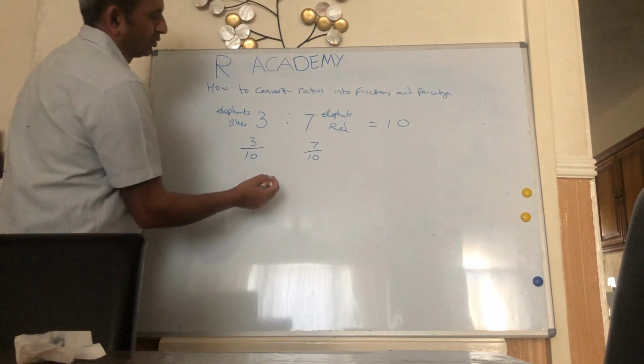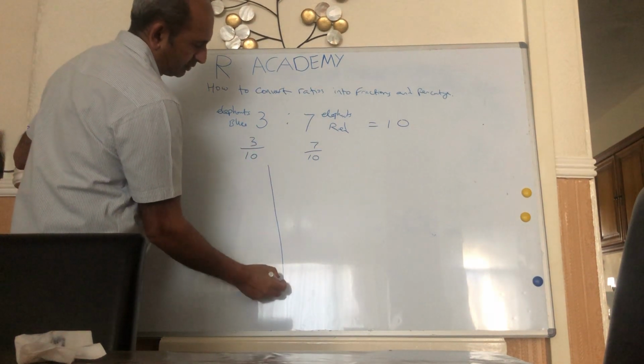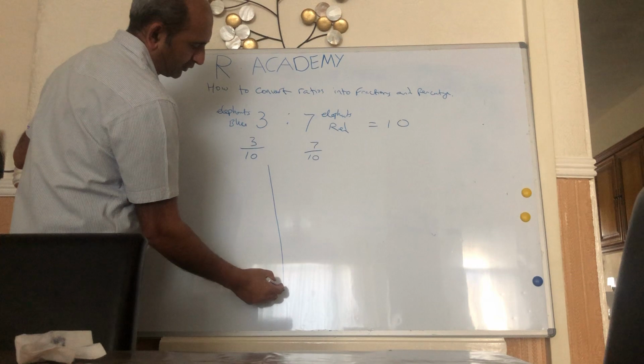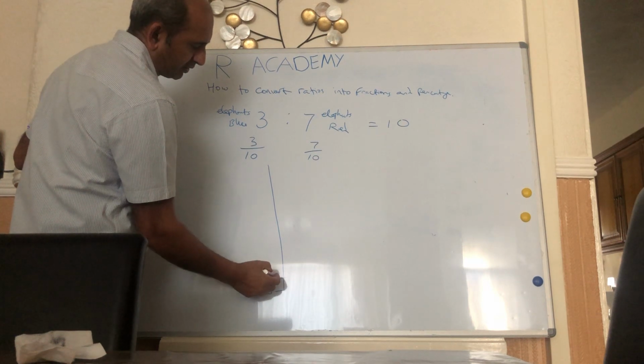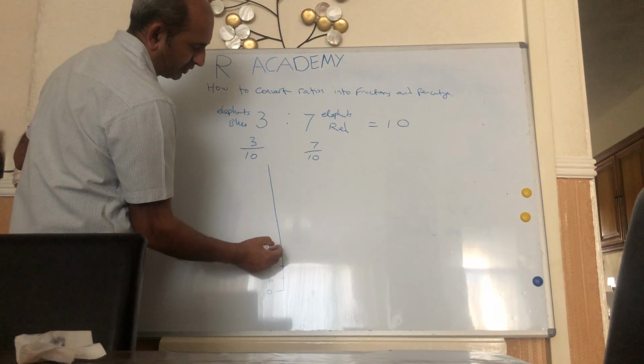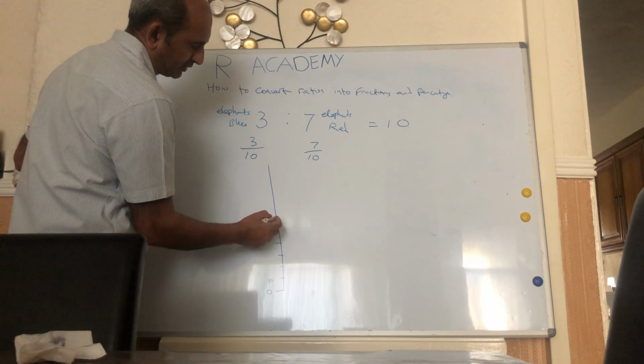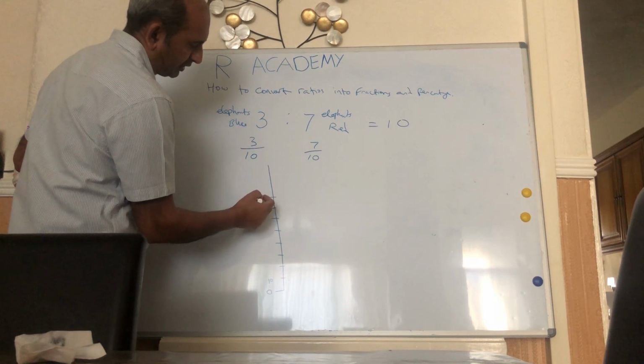So what we'd have to do is draw a scale, and mark it 0, 10, 20, 30, 40, 50, 60, 70, 80, 90, 100.